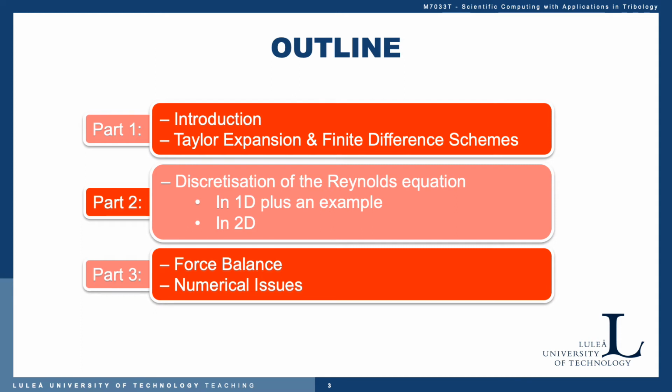And then we're looking into the discretization in 2D. Finally, in part 3, we will again look at the concept of force balance, and it will be very similar to what we've seen before, but now we discretize it, and then we talk about some numerical issues.